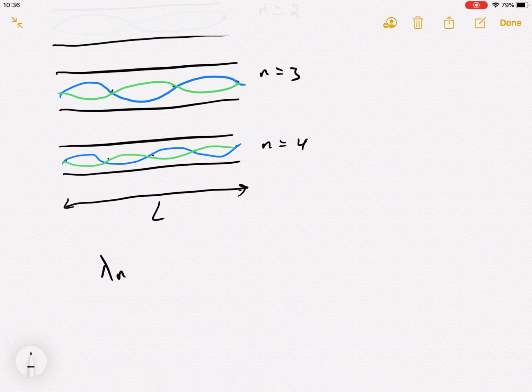So lambda sub n is 2L over n, and the frequency f sub n is n times v over 2L, also n times f1.